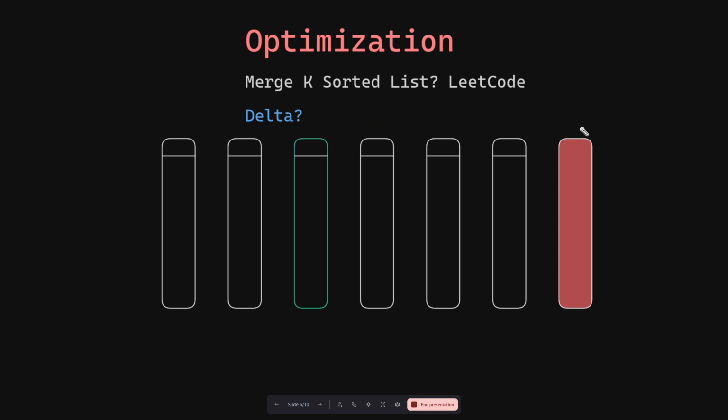But notice that the final size of this red container over here is at max k. But in the worst case, we end up scanning n times k elements, because each container to the left will have a maximum of k elements, and there can be n containers in the worst case scenario.